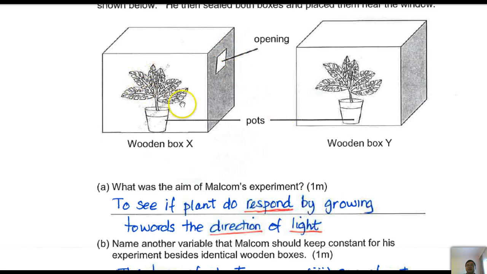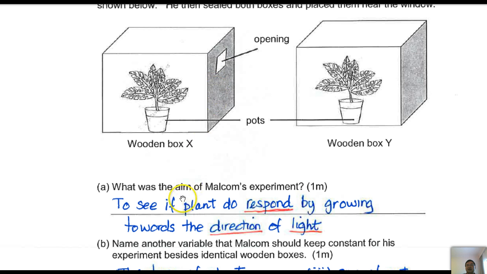You cover this, no light goes through. Wood is opaque, light will not pass through wood, same as this. But if an opening is here, obviously it is trying to show something, whether the plant is responding to sunlight or to light.